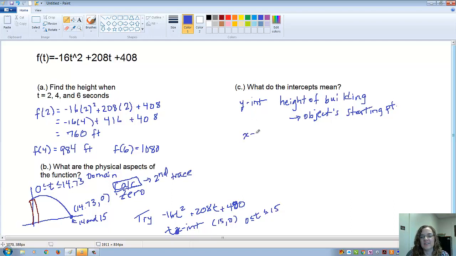And the x-intercept, or in this case, the t-intercept, this is when the object hits the ground. So it tells us how long it takes before it hits the ground. I hope that helps. Thanks.